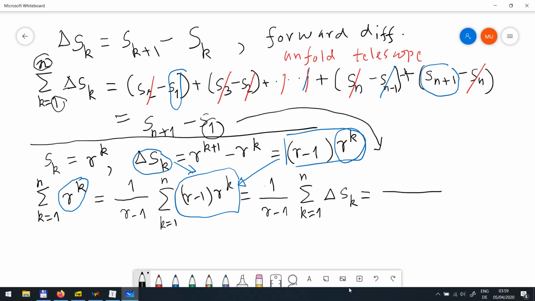So it will be Sn plus 1 minus Sn, and that R minus 1 is in the denominator. Now tell me, what will be this Sn plus 1? I know the formula. The kth term is R to the kth. So Sn plus 1 will be R raised to n plus 1.